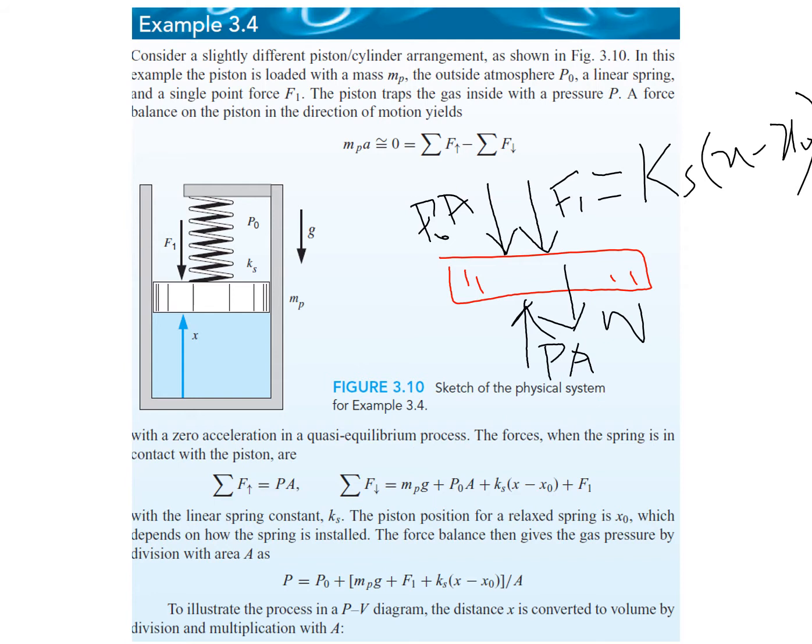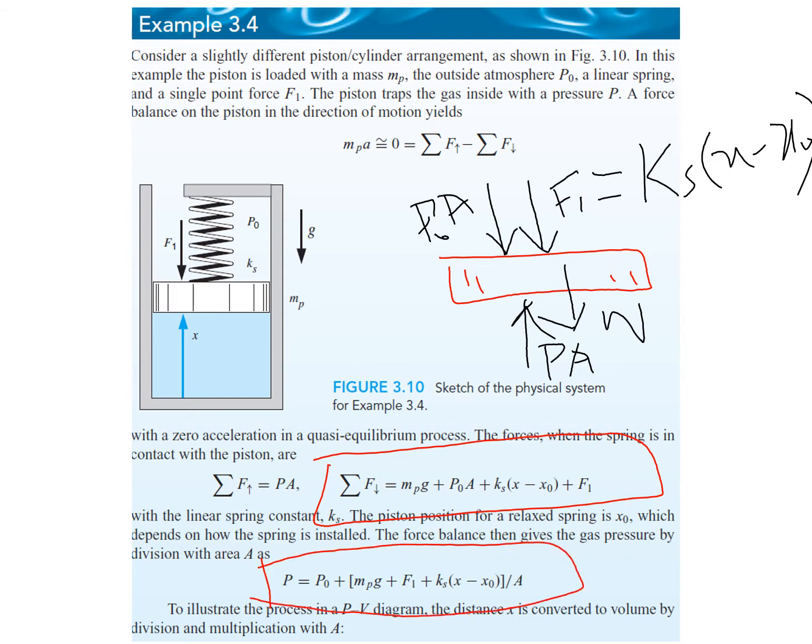So here is the spring coefficient, and these are the forces. If we balance the forces, it will generate this equation. And if we take the force because of the gas trapped in it to the other side, we will get this equation.